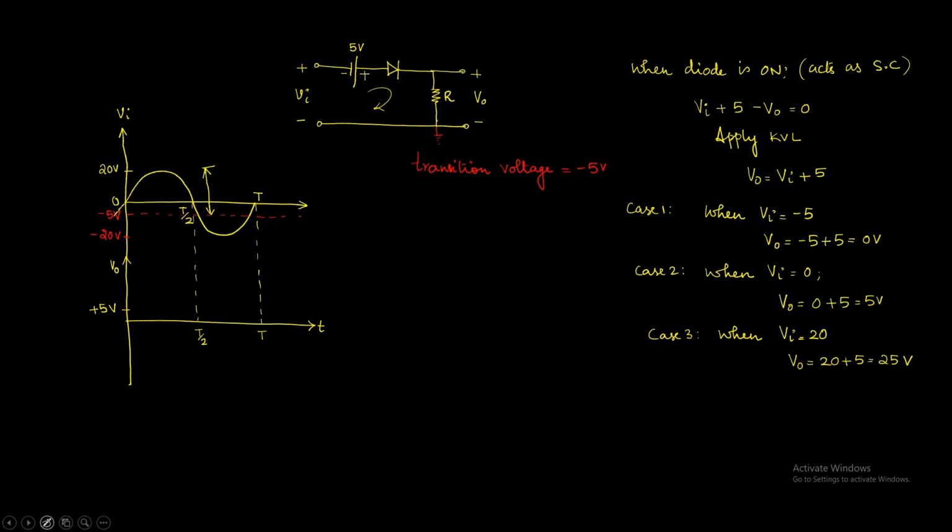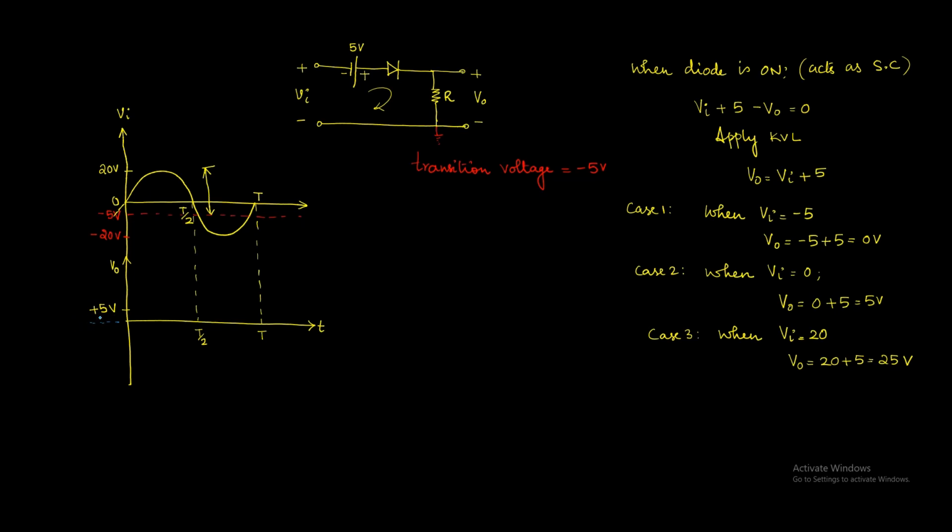That is because we said that when input is equal to minus 5, we have output equal to 0. So for that, we should be able to replicate that, and that is why I'm trying to extend this. So when input is equal to 0, I'm having output equal to 5, whereas when input is equal to minus 5, it is equal to 0.